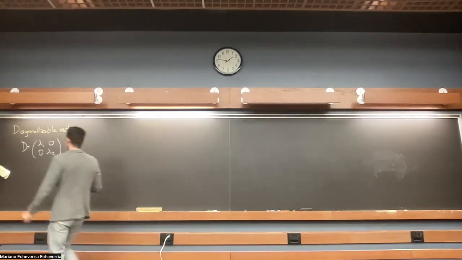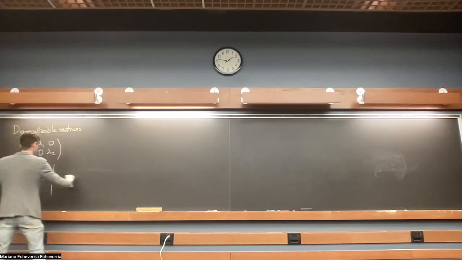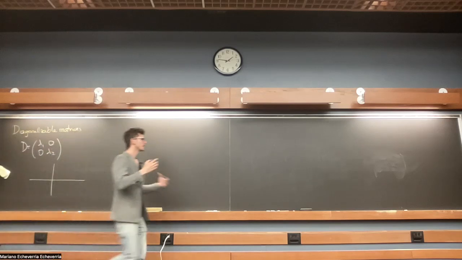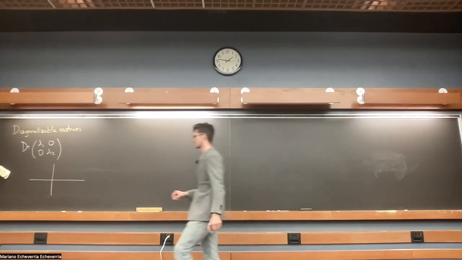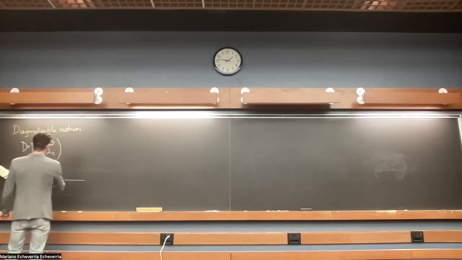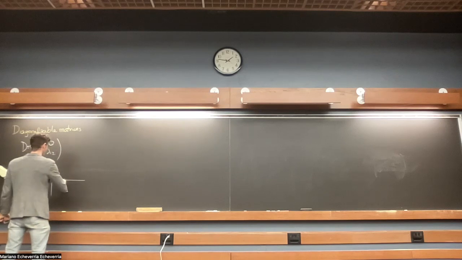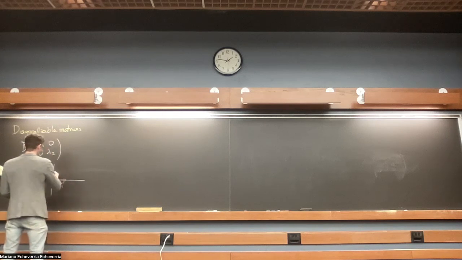And for a diagonal matrix, you can find eigenvectors pointing in the directions of the x and y axis. One eigenvector would be E1, and the other eigenvector would be E2.